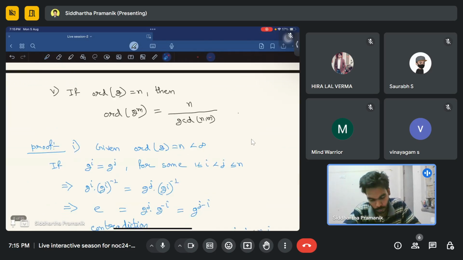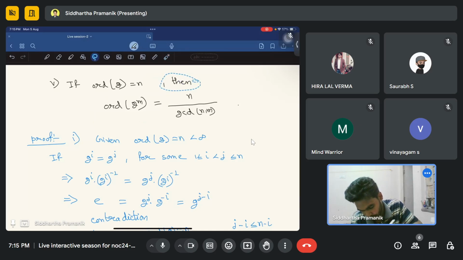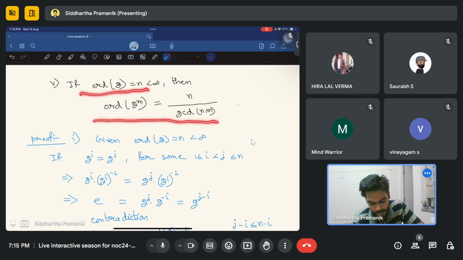And the fifth one, the formula. This one is very important to calculate the order of powers. Let me write this as finite. If the order of g is n, finite, then the order of g power m must be n by GCD of n comma m.